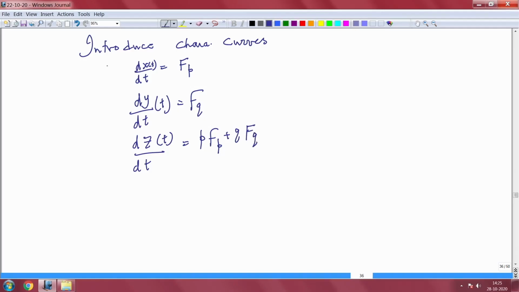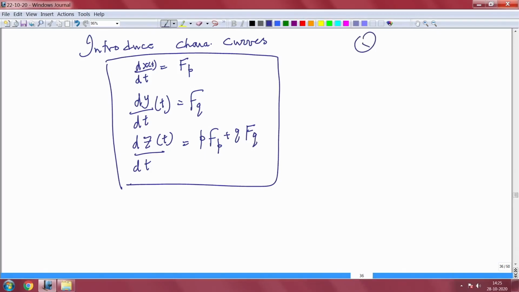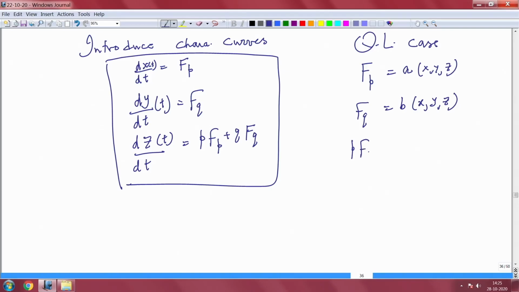So what is the difficulty compared to your quasi-linear case? What was it in the quasi-linear case? I am comparing, so you will understand the difficulty. In the quasi-linear case, f_p was a, which is a function of x, y, z, and f_q was b, which is also a function of x, y, z, and p f_p plus q f_q is equal to c.